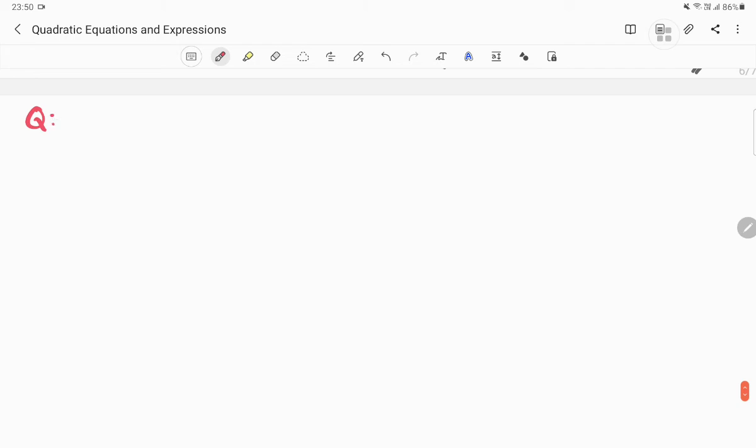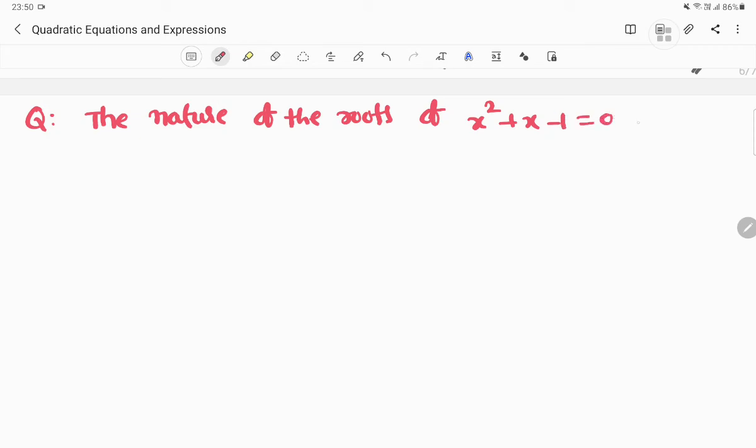The next question: the nature of the roots of x² + x − 1 = 0 is... So the options are there, but just now we discussed the nature.